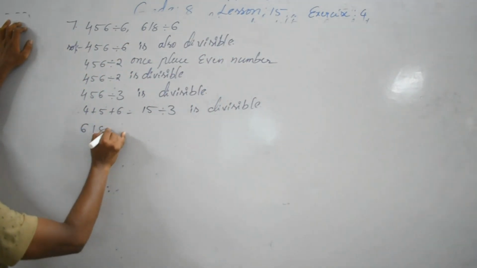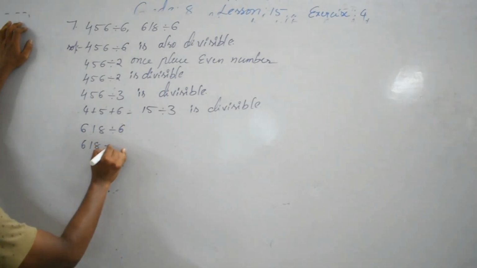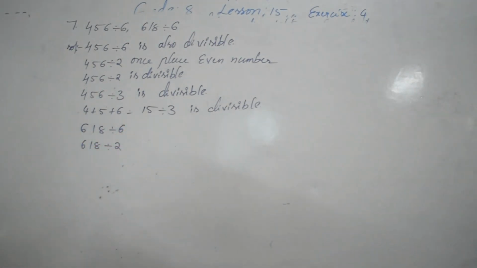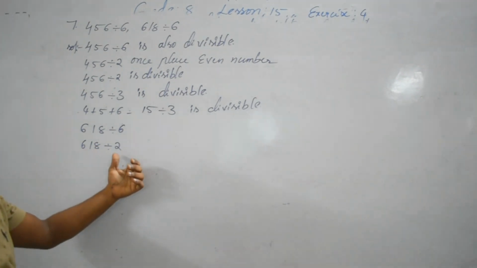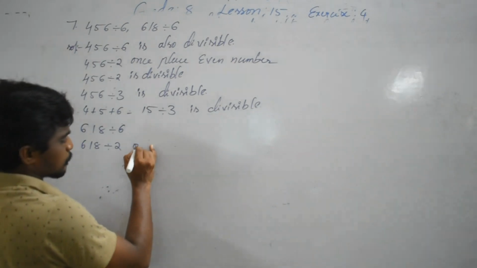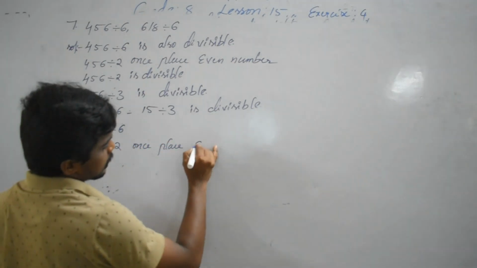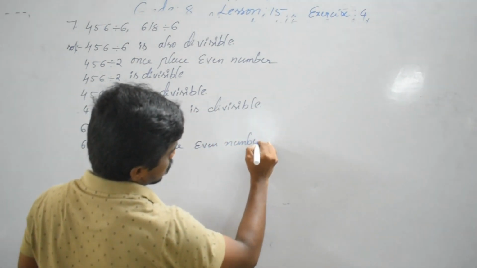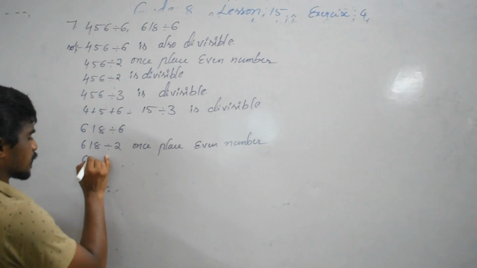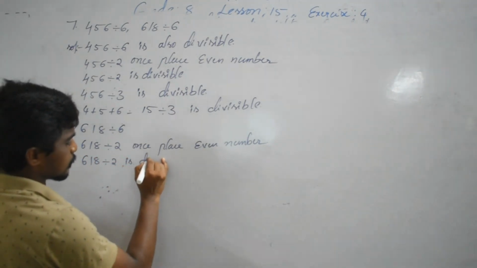Next one, 618 divided by 6. So 618 divided by 2. Divisible or not divisible? Here ones place is an even number. So 618 divided by 2 is divisible.